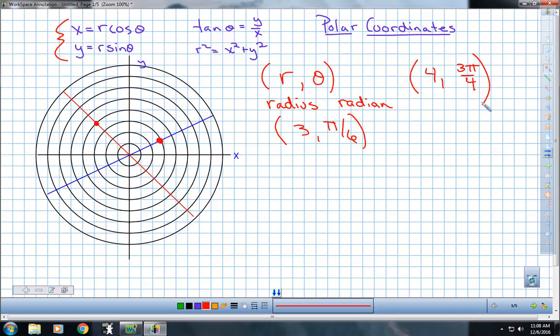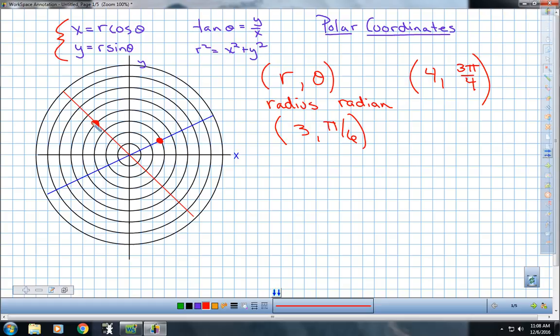If the first one made sense, you know you first start on the positive x-axis and go counterclockwise to 3 pi over 4, which means a pi over 4 reference angle in the second quadrant. Then you go out 4 units. So this point in the second quadrant would be that point. Does that make sense, everybody? How many of you got that on your own?